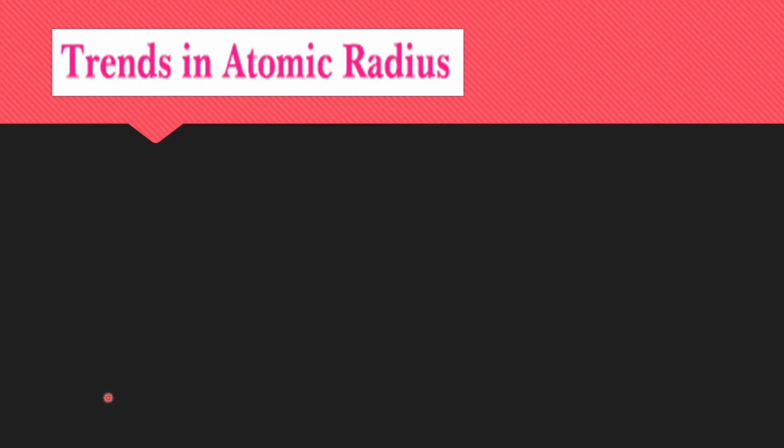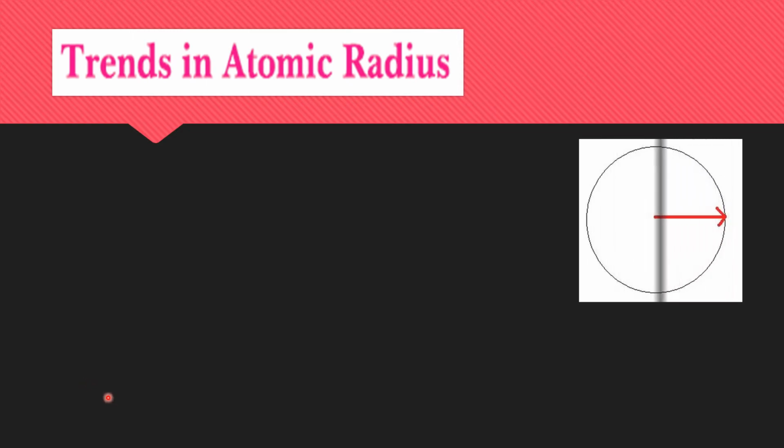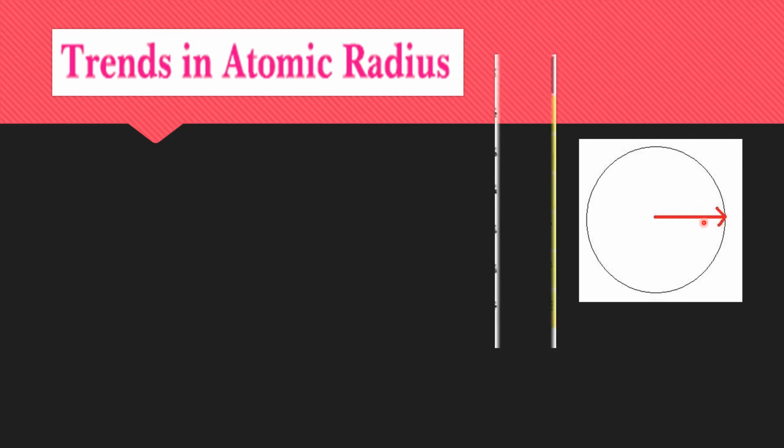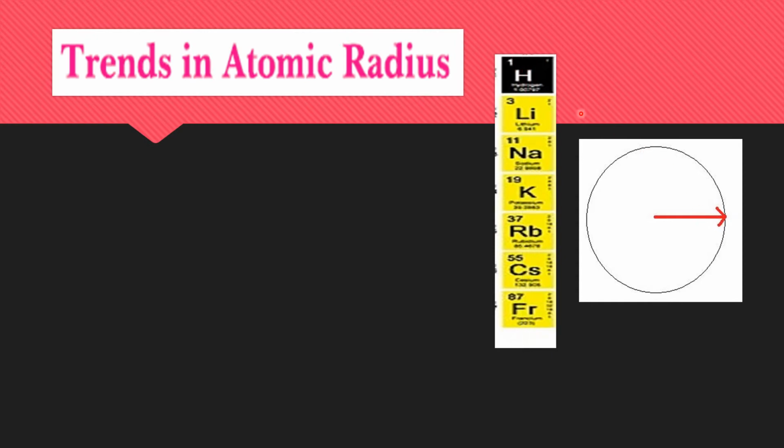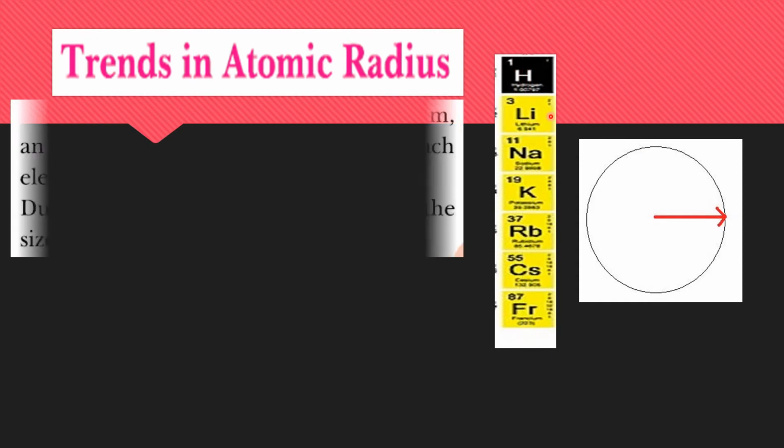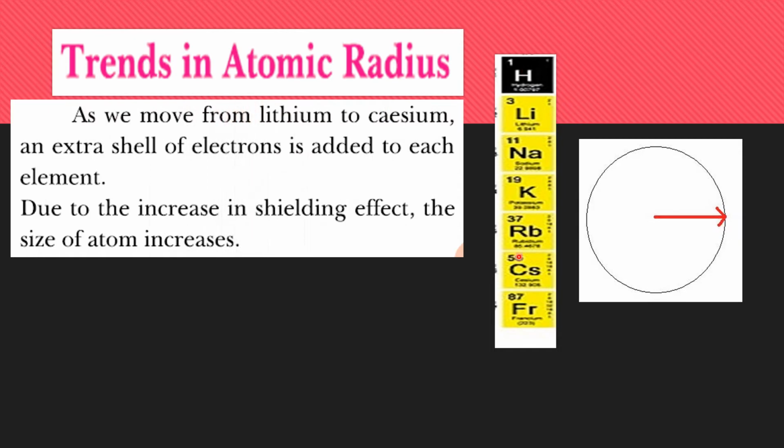Now the first property is the atomic radius, and atomic radius is the distance from the nucleus of an atom up to the valence shell. This distance is called the atomic radius of an atom. As we can see here, when we move from hydrogen towards francium down the group, an extra shell of electrons is added to each element.